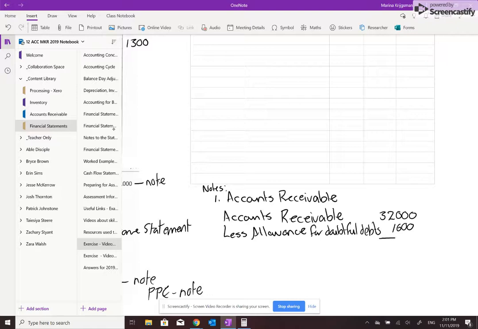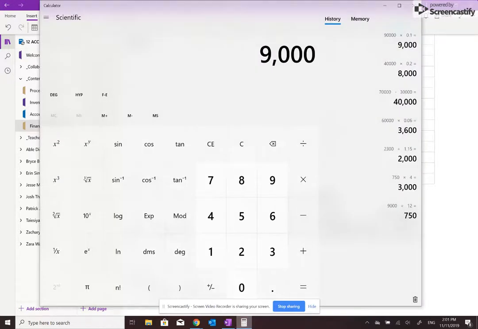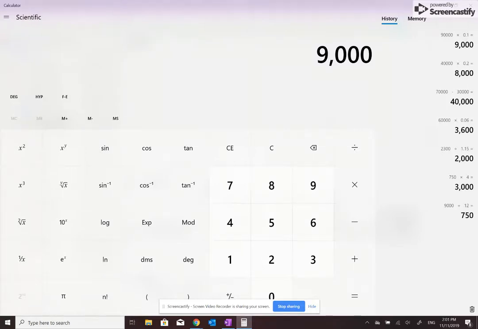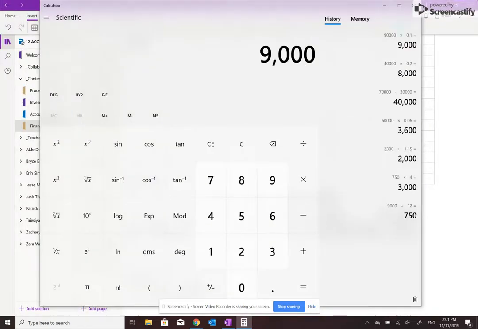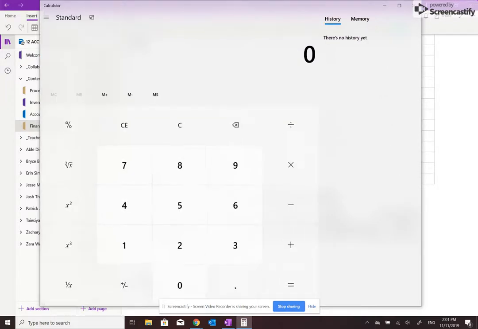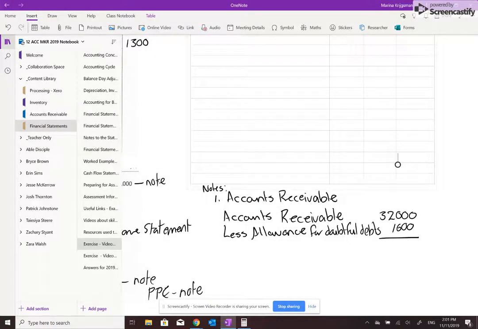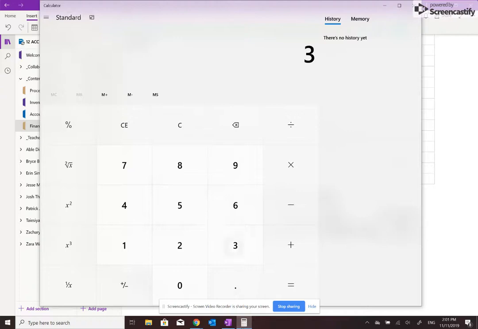Okay, and we're going to get our calculator up. If we can change it so it's a bit smaller. Let's go for a standard one. Okay, so we want to do 32,000 minus 1,600.